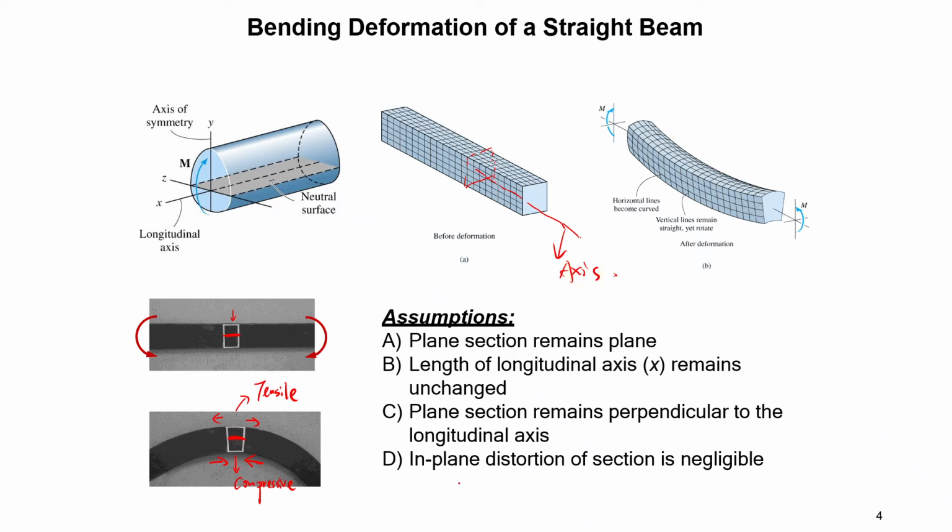And we assume in-plane distortion of the section is negligible. These are all the assumptions we base on, so that will help us to solve the problems. Sometimes we call it the Euler beam. This is the simplest version of beam analysis, the Euler beam. Euler is the famous mathematician, so we just use his name to remember him.